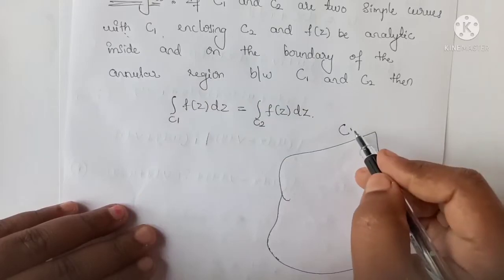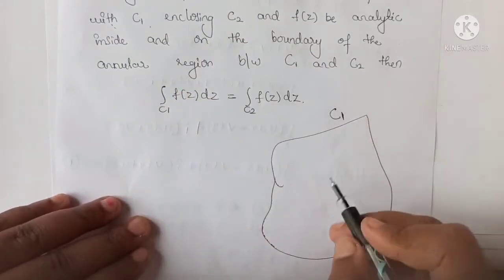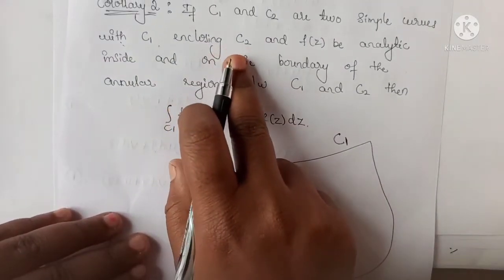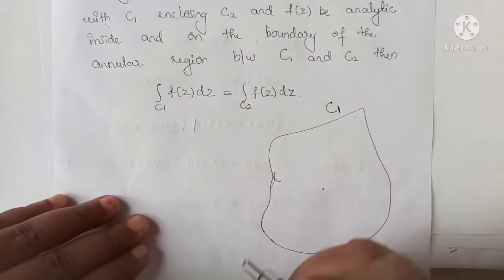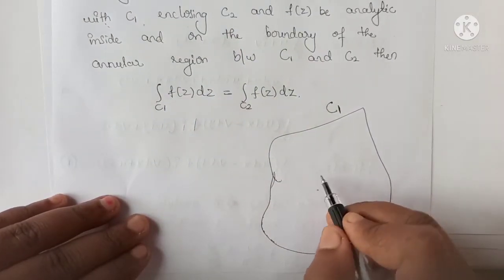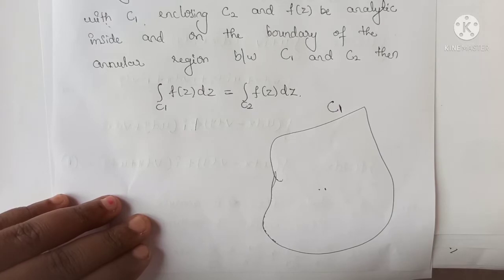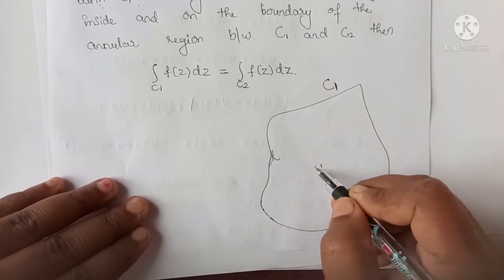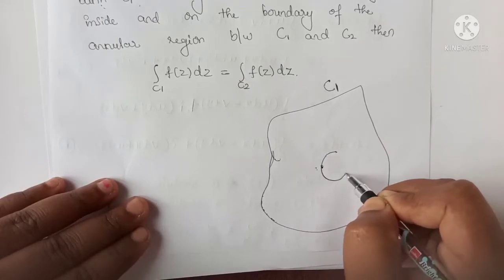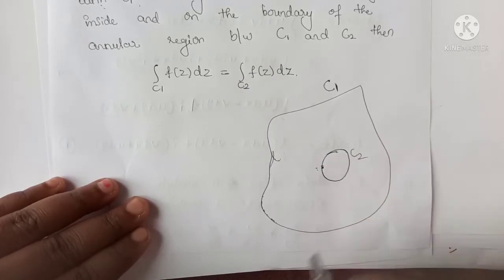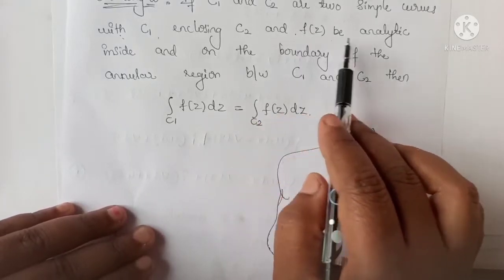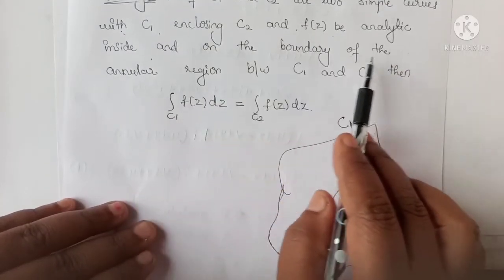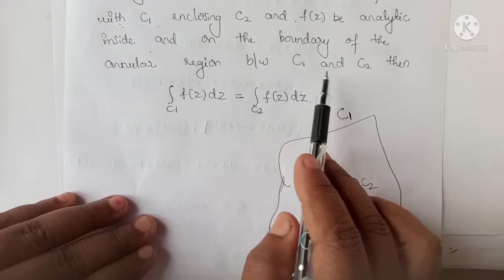So this is c1, and it encloses c2. C2 may be any other simple curve, closed or not. If I consider this closed curve c2, and f(z) is analytic inside and on the boundary of the annular region between c1 and c2.